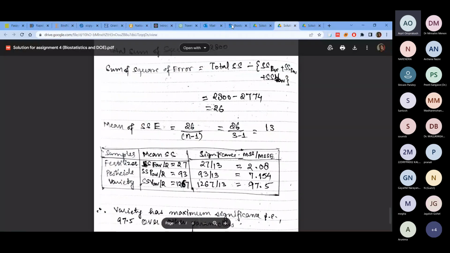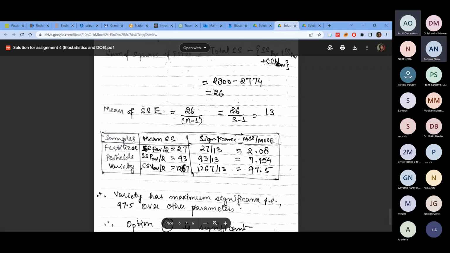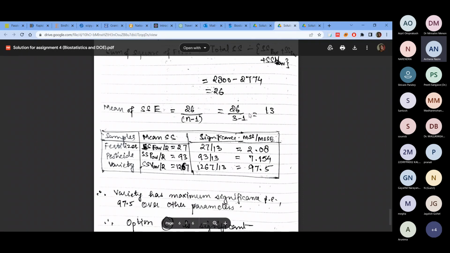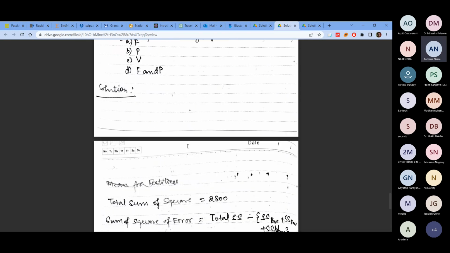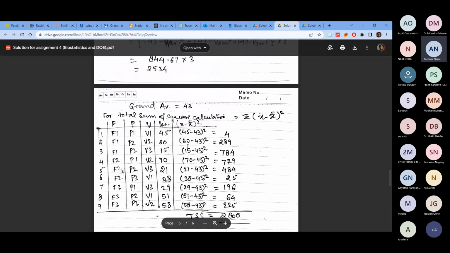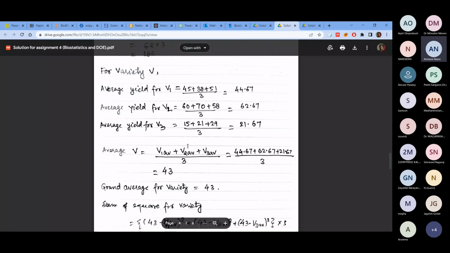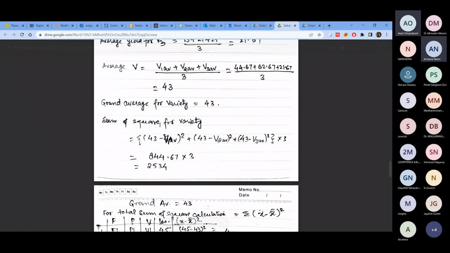Week 4 solution. Yeah, this table we are talking about. Yes, I want you to explain this SS average table.